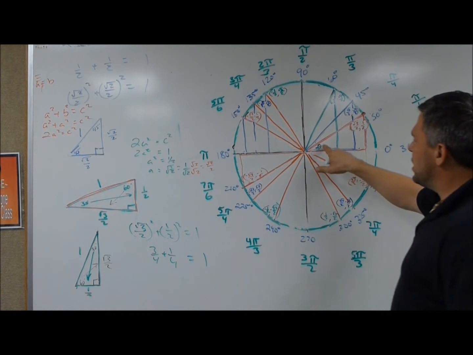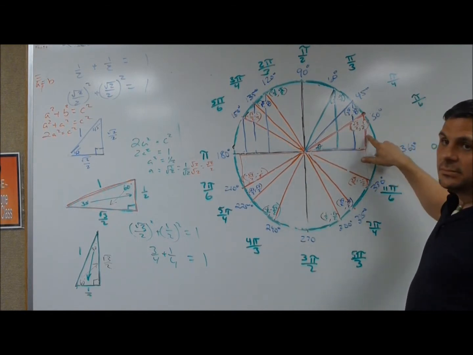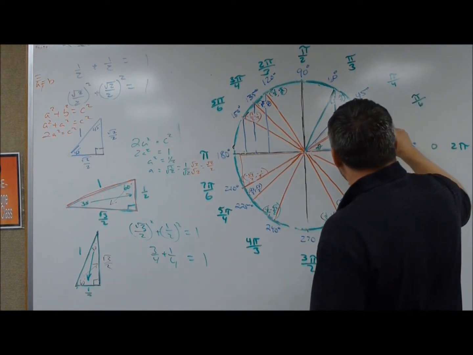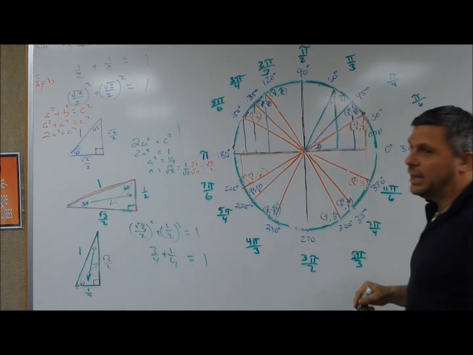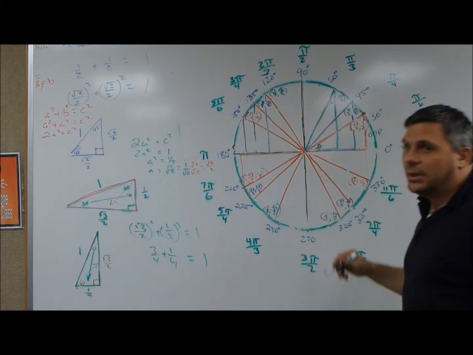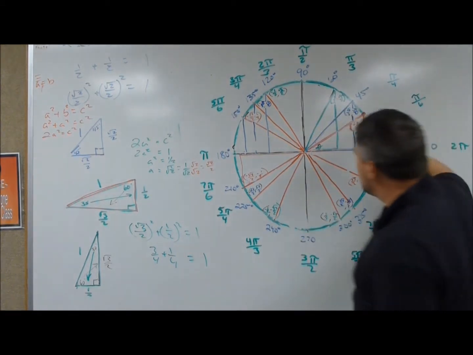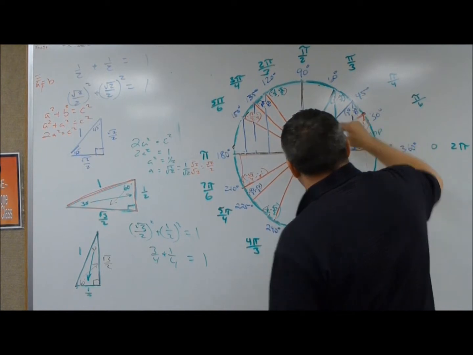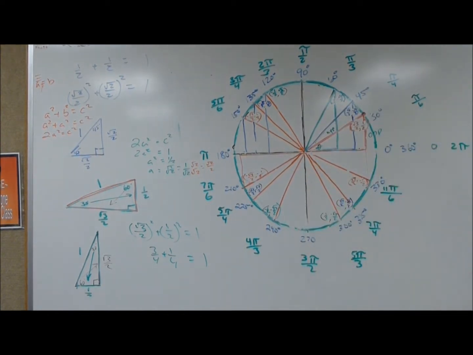We're looking at the opposite over the adjacent or the hypotenuse. Which one? Opposite over, that's right, hypotenuse. Good job.